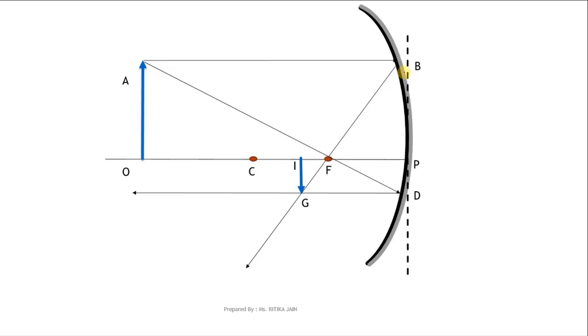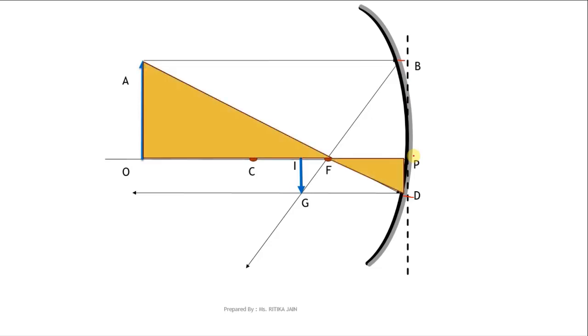As you can see, there are two points B and D which do not lie on the mirror, but are very close to it. So we assume that B lies over here and D lies over here, because the distance is very small, and these two points are nearly equal to points on the mirror. This is the first assumption.